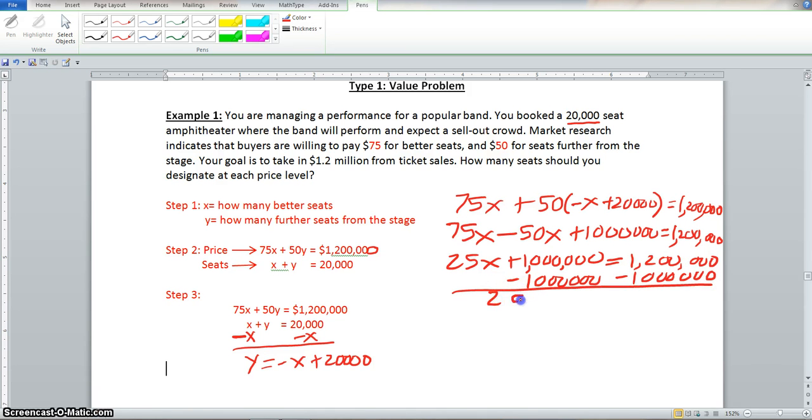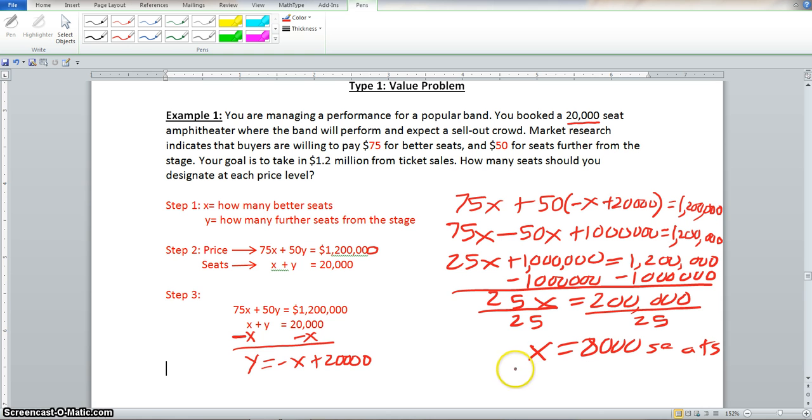We will have 25x is equal to 200,000. We divide each side by 25. And x is equal to 8,000 seats.